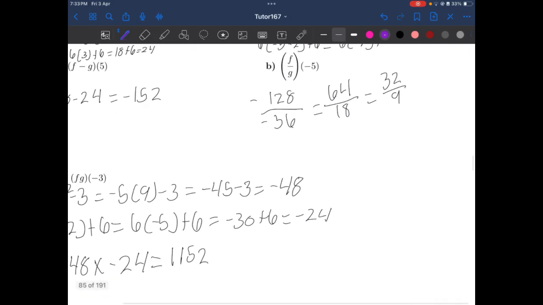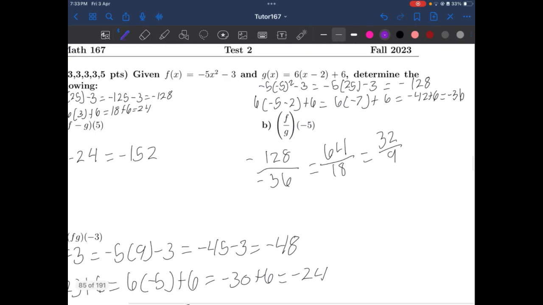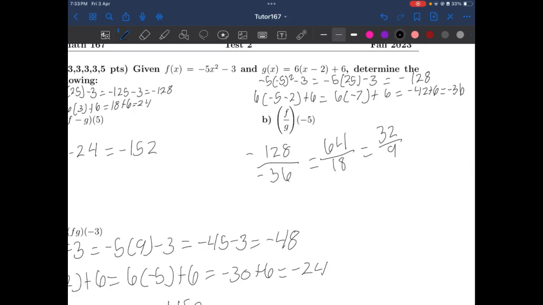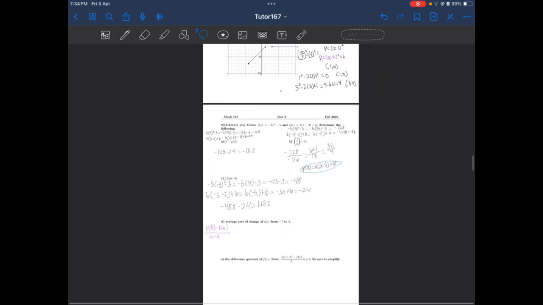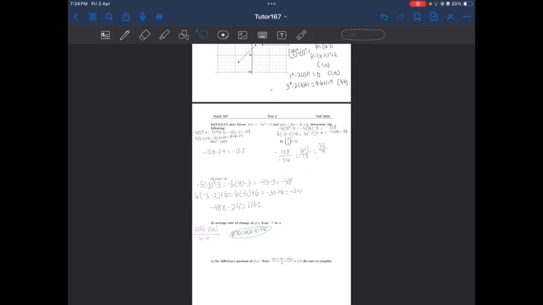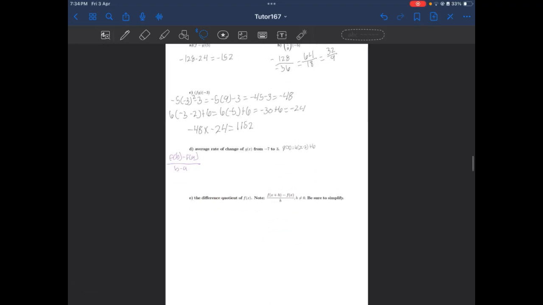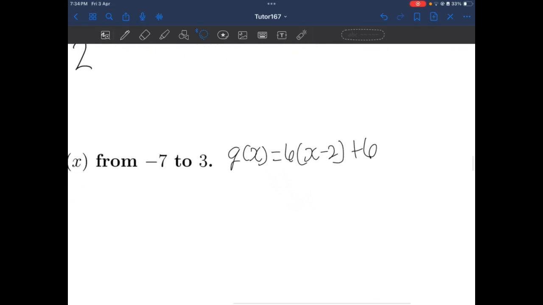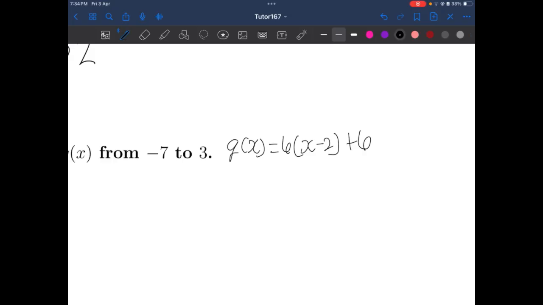So g of x is 6 times x minus 2, plus 6. We're going to move that down here, and we're going to substitute negative 7 and 3 into the expression.